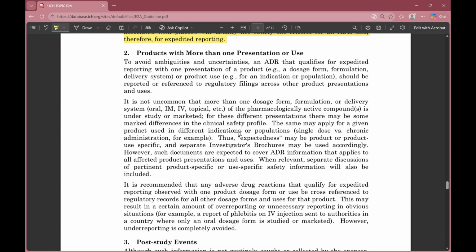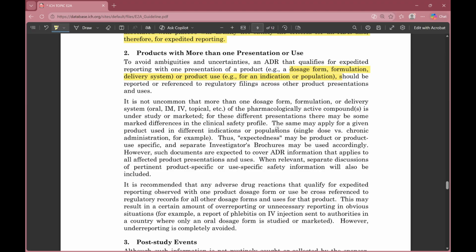The second point is a very big one, but I'm again going to summarize it in a short manner for everyone, which is products with more than one presentation or use. We know that there are various drugs, and these drugs can exist in different forms, right? One presentation of a product means a dosage form, formulation, delivery system, or the product use.